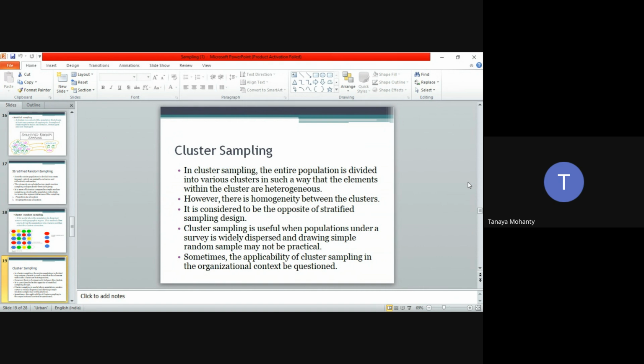So basically, when you talk about these kinds of clusters, you will see that every element is heterogeneous in nature, and you will feel that there is a kind of homogeneity when I'm talking about the entire cluster, and there is a heterogeneity in the elements itself.